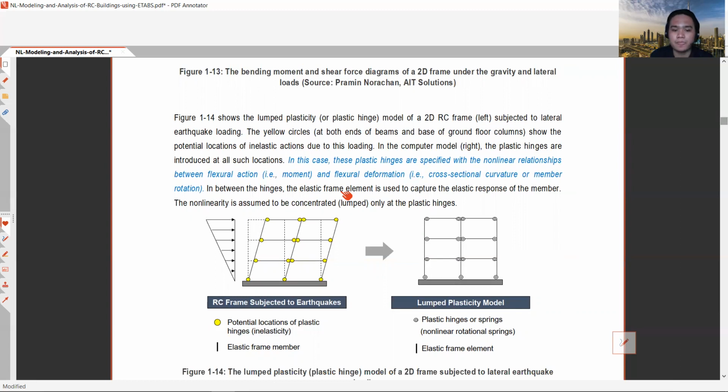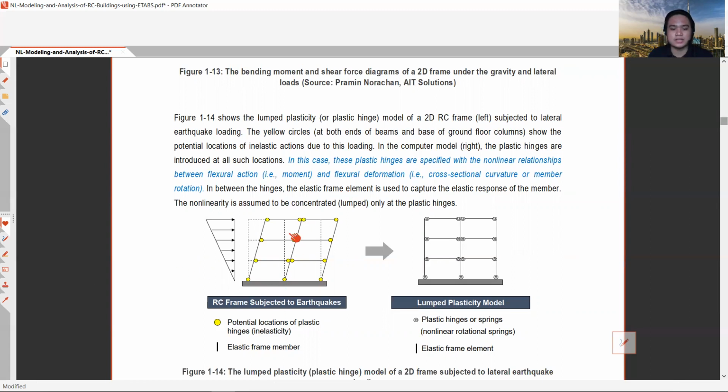Okay, so in between the plastic hinges, the elastic frame na yon. So capturing yung dun sa in between, magka-capture siya ng elastic response. Okay, and dun sa may region kung saan naglagay tayo ng potential location of plastic hinges or the inelasticity, dun daw yung assumed to be the location at which we will focus the inelastic analysis. Okay, so dun tayo.